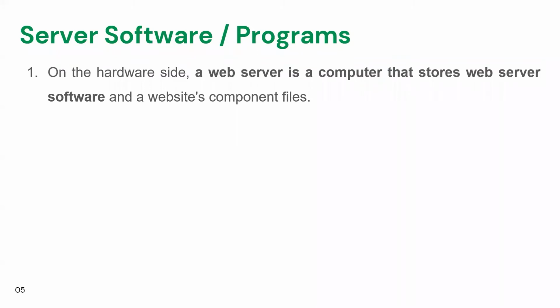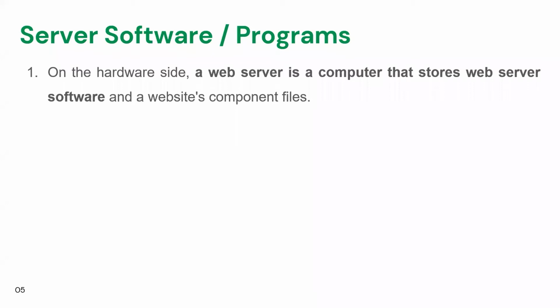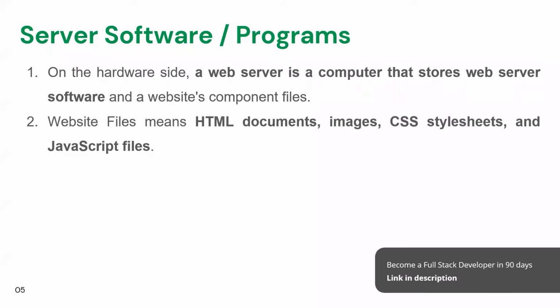So whatever files we have designed for our website, we upload those files to this particular server or to a particular domain. That server contains all the related software to access the files and operate on them. Those are known as server software.